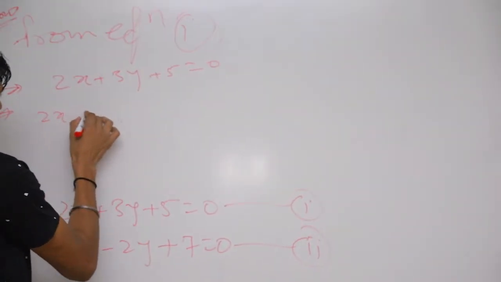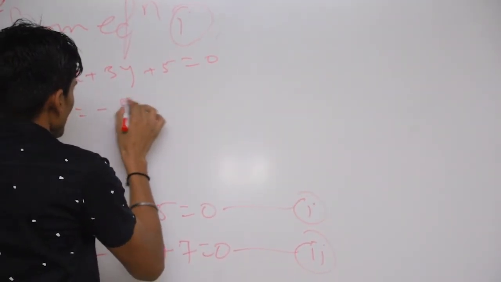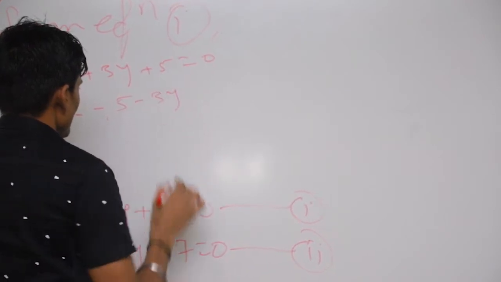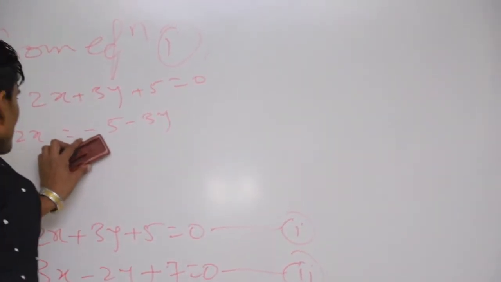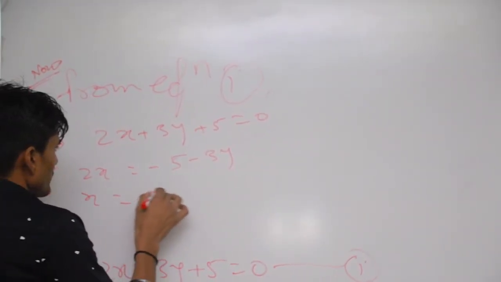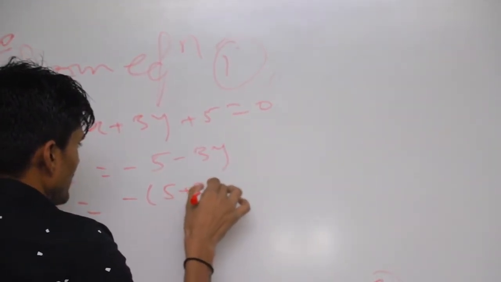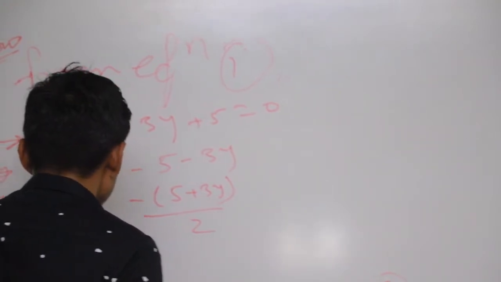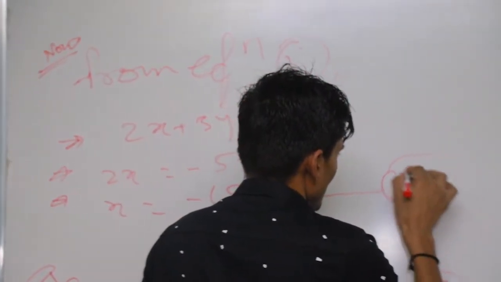Now 2x is equal to minus 5 minus 3y. Here x is equal to minus 5 minus 3y upon 2. That is equation number 3.